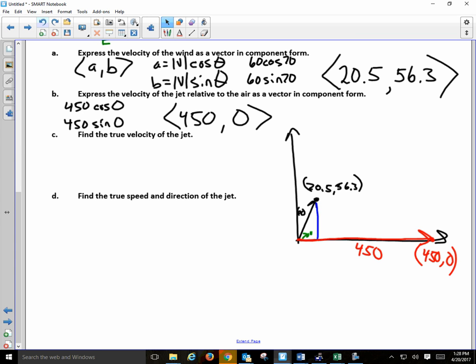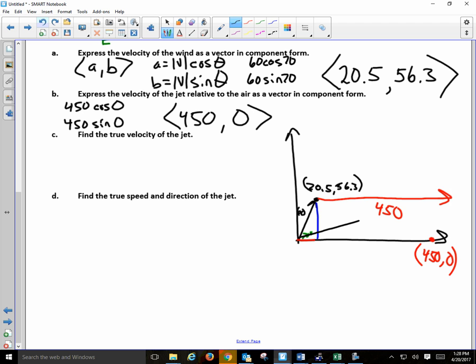Now the question is, find the true velocity. Well, the true velocity is going to be when we add those two together. In my representation I gave to you guys, this is where we step onto the escalator and both are working together now. Because there's a little bit of a tailwind, it should be more than 450 miles an hour. So what we want to do is find the sum of the vectors to find out that new location.